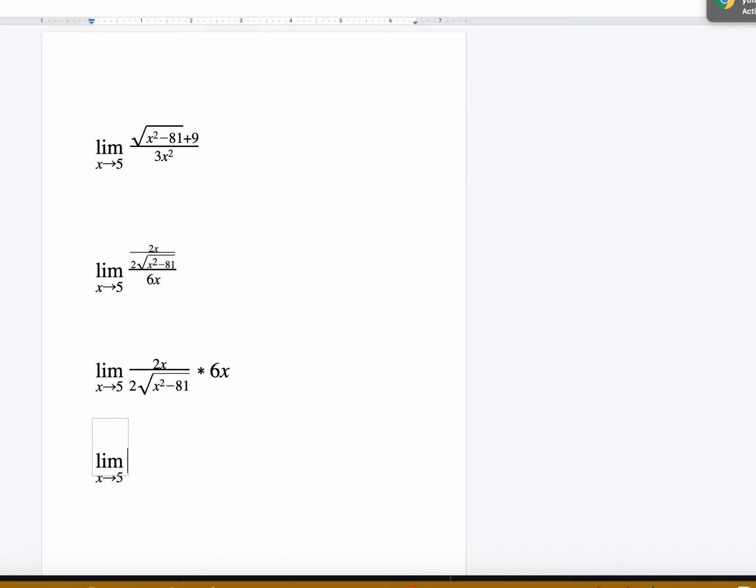That means the limit as x approaches 5 is equal to 12x squared, because every time you multiply x's you get x squared, over 2 times the square root of x squared minus 81.